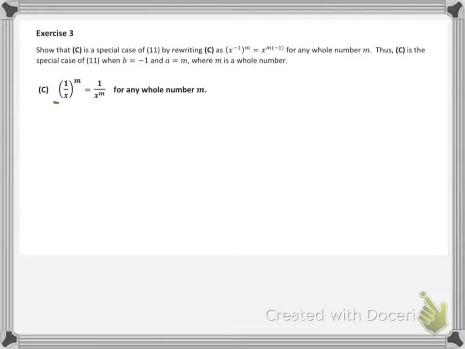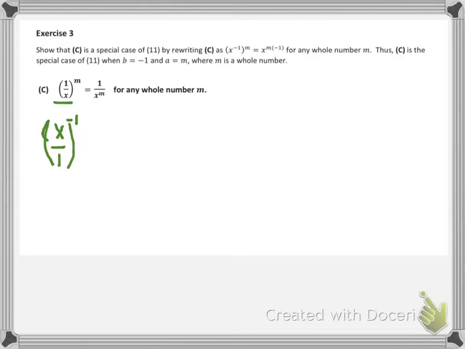I can take this 1 over x and rewrite it as x over 1, where x is raised to the -1 power. Since I took the reciprocal, that's going to give me a -1 on the x. So x to the -1 will stay, and 1 to the -1 is just 1, so 1 over 1.